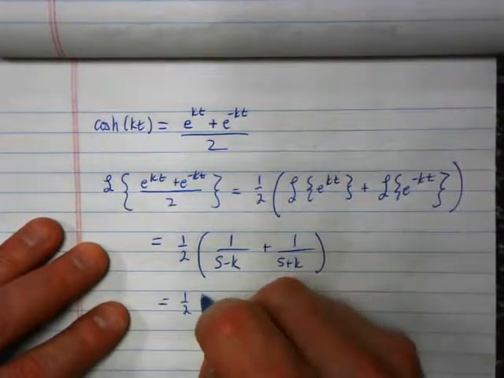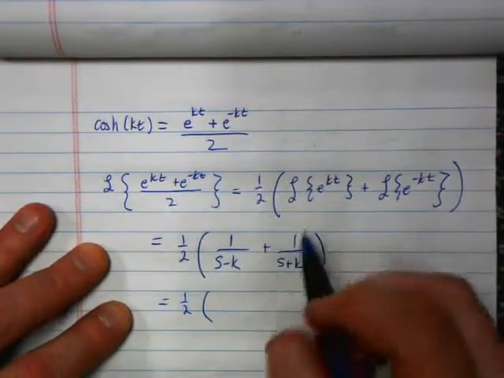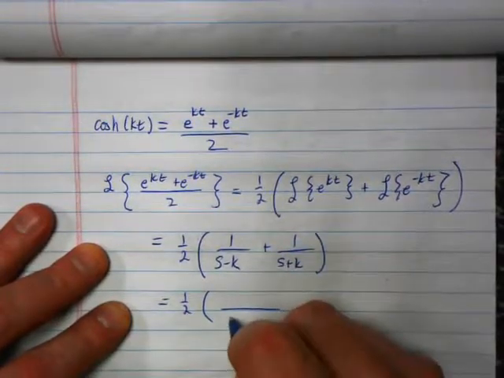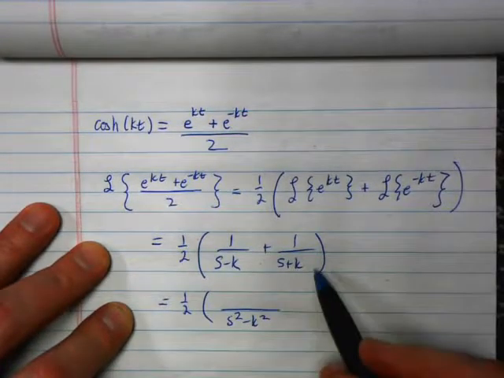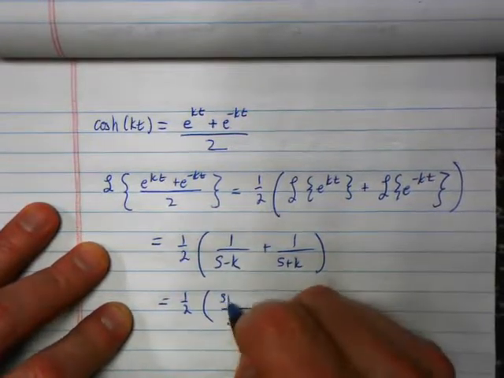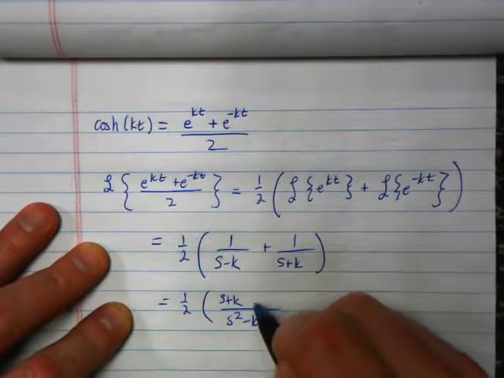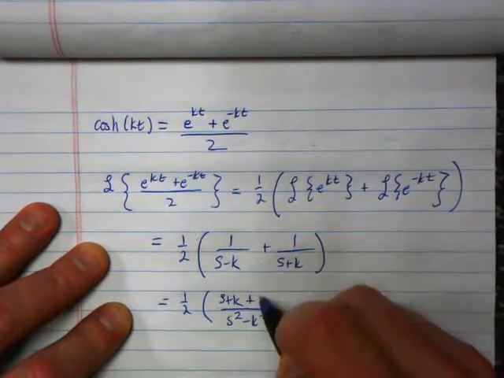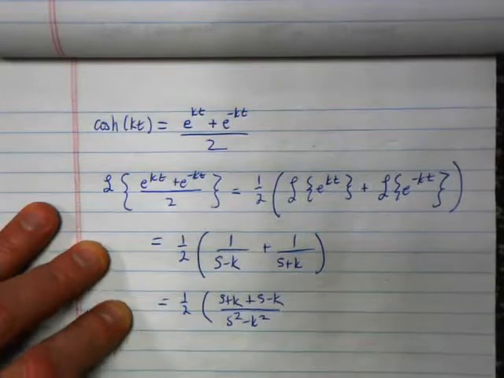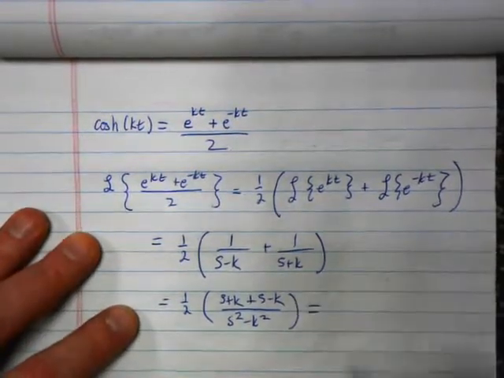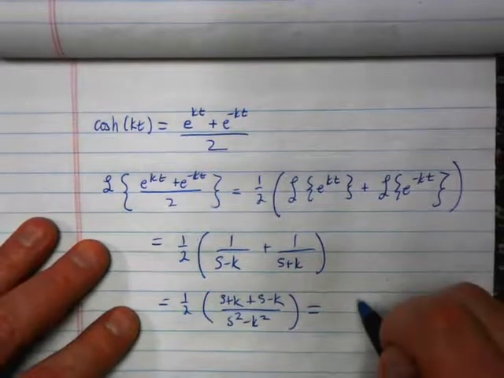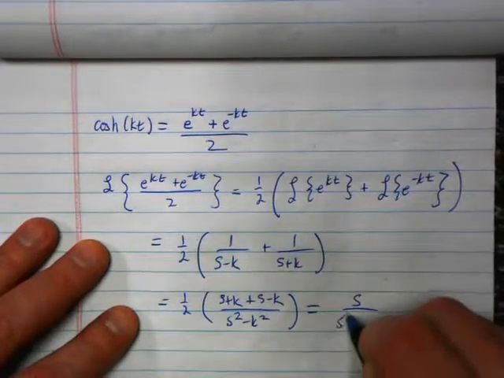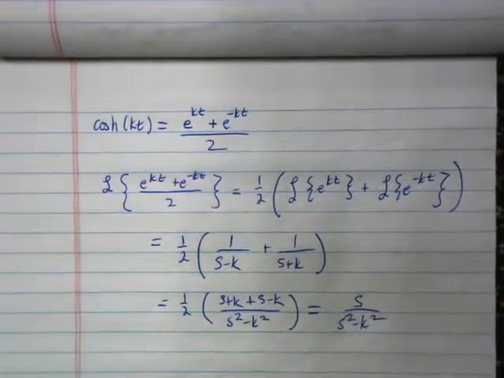That's 1/2 times, my common denominator is going to be s squared minus k squared. This one I'm going to have to multiply by s plus k, and this one by s minus k. I'm going to be left with s over s squared minus k squared.